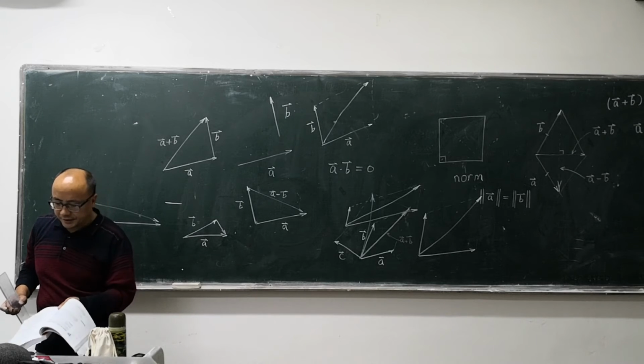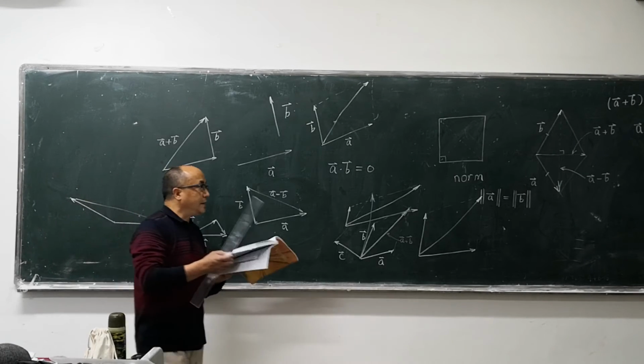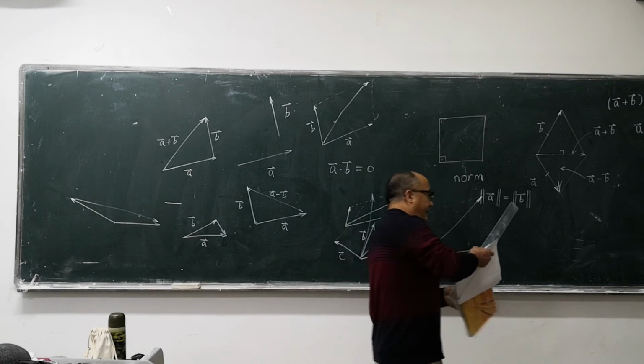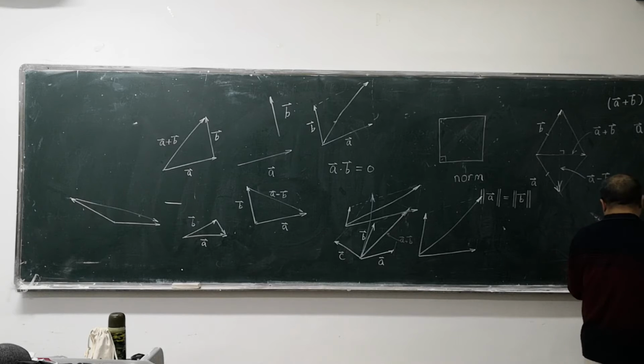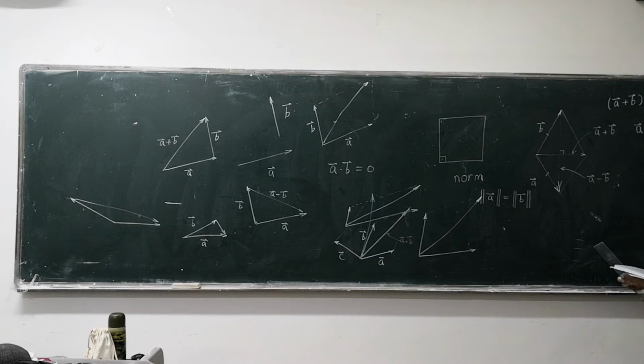On page 19, theorem, U dot V is the same as V dot U. Page 19. U dot V, the theorem 1.2a.